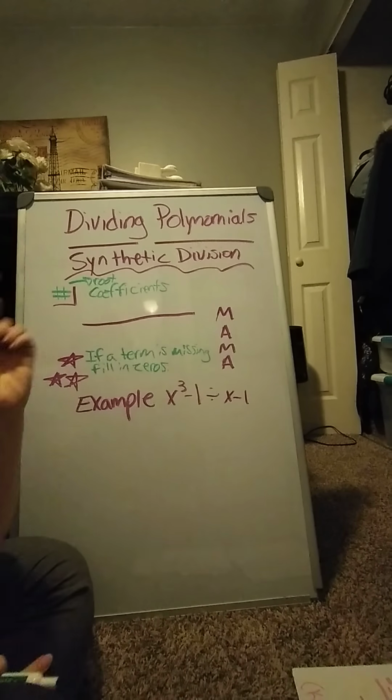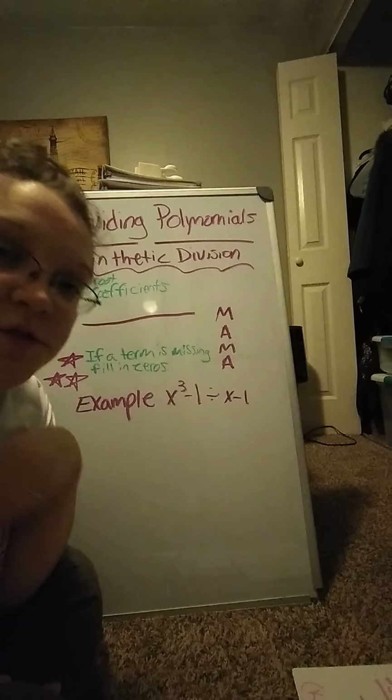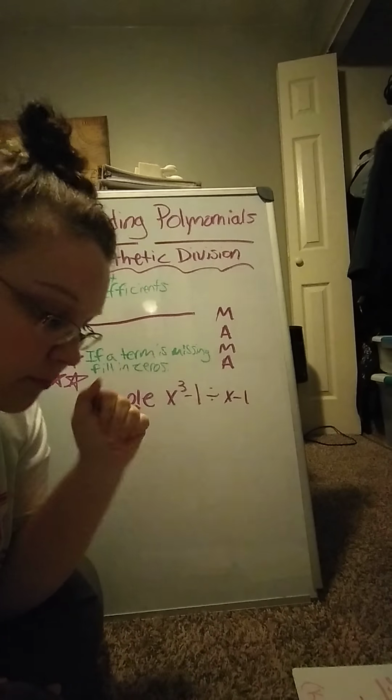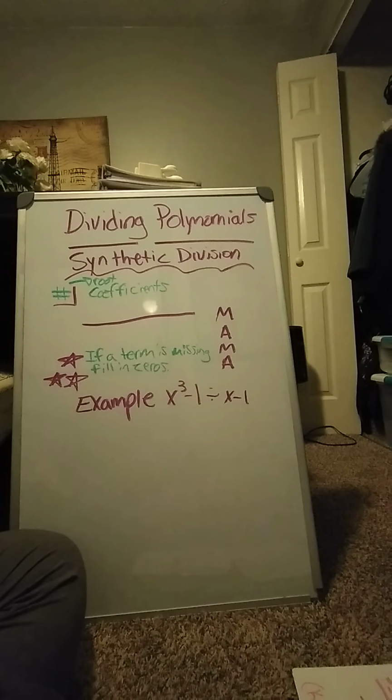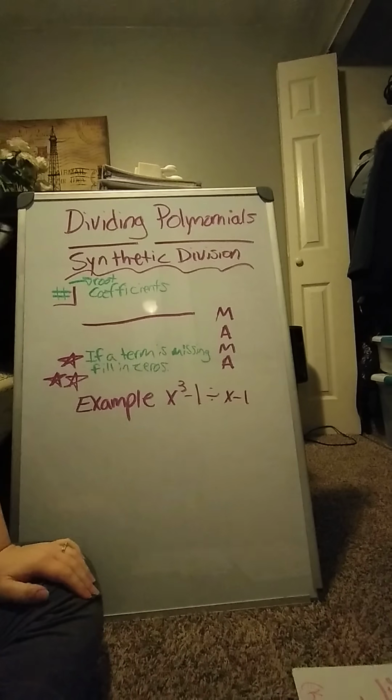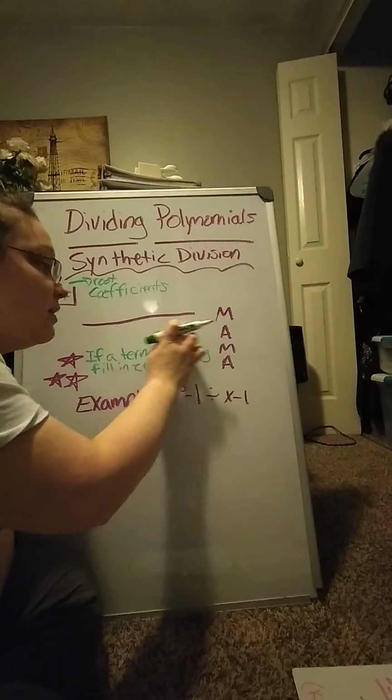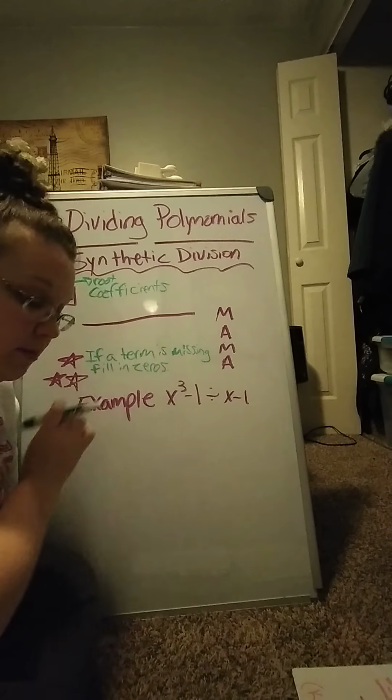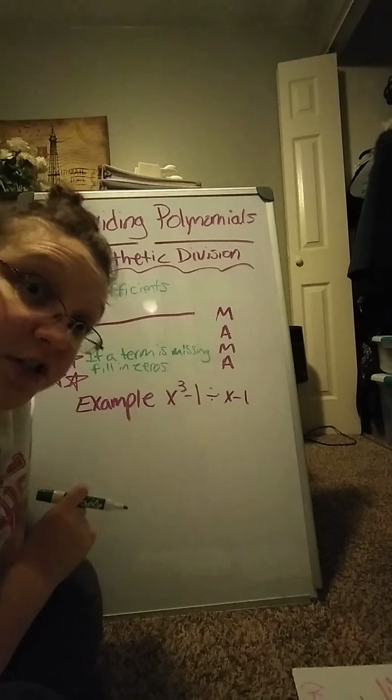That just makes it easier for everything to line up when you go to put your variables back into your answer. Okay? The numbers that you're going to get down here at the bottom, as we work the problem out, are going to be the new coefficients of your answer.